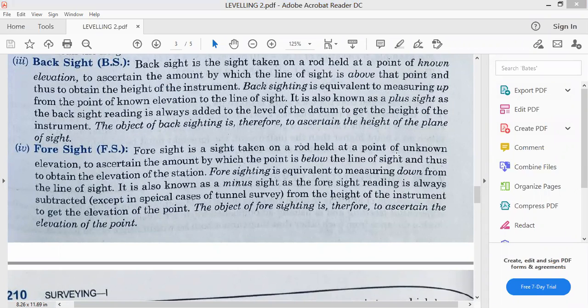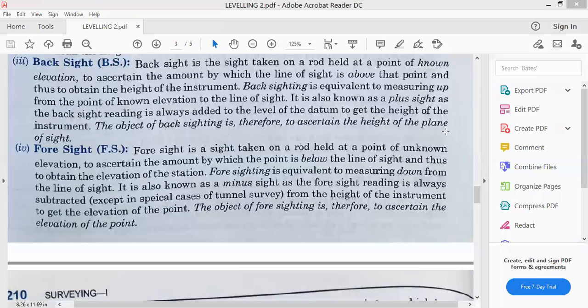So next, back sight. Back sight is the sight taken on a staff held at a point of known elevation to ascertain the amount by which the line of sight is above that point, and thus to obtain the height of instrument. Backsight is the sight or the reading taken always on the point whose elevation is known.